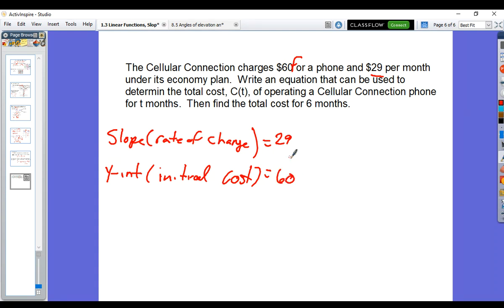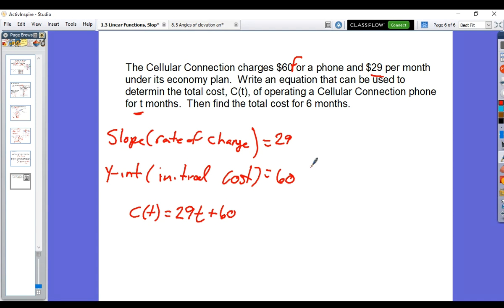So if we're going to write an equation to determine the cost, C of T, to operate our phone with this company for T amount of months, well, C of T, the cost at T months, is equal to our rate of change, our slope, $29 for T months, plus the initial cost, $60. Then they ask us, what would be your total cost for 6 months?